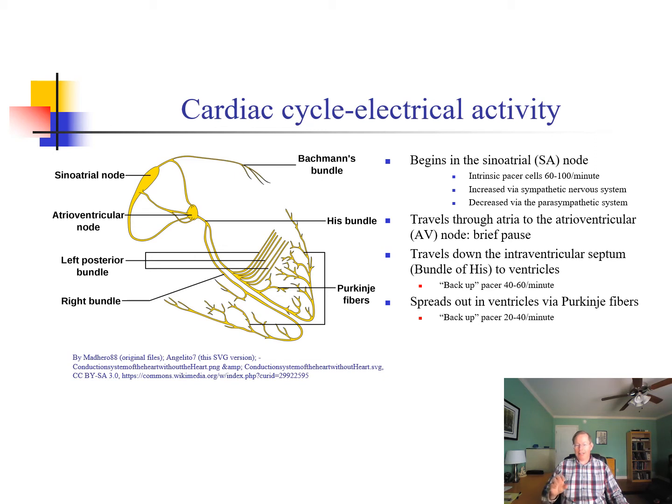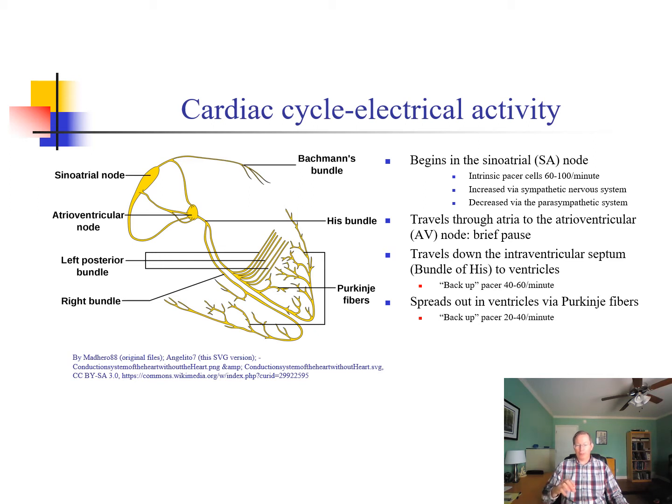In the right atrium, I have a group of cells that are intrinsic pacemaker cells. And these will fire at a certain rate, generally about 60 to 100 beats per minute. Now these can be modulated via the sympathetic nervous system to increase the rate, or they can be modulated via the parasympathetic nervous system to actually reduce the rate below 60 beats per minute.